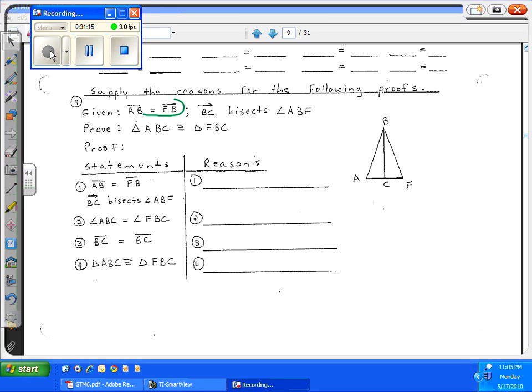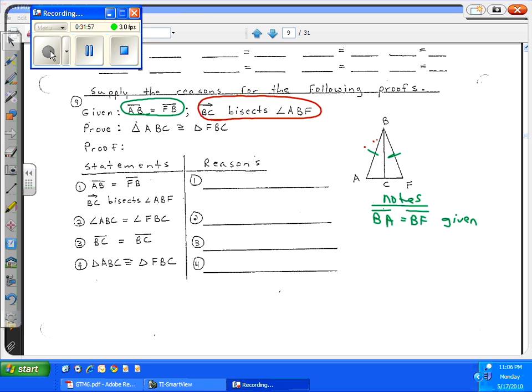We're going to take what we're given, mark it in the diagram, write statements and reasons derived from the markings in the notes section. What we marked is exactly what it gave us, so we put given.